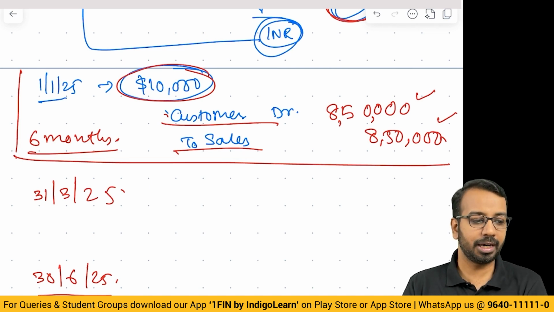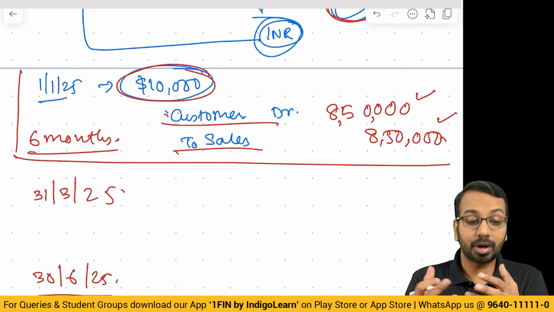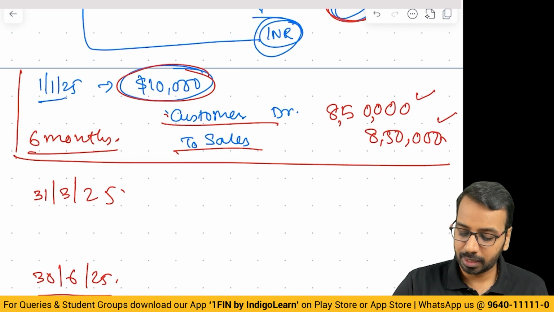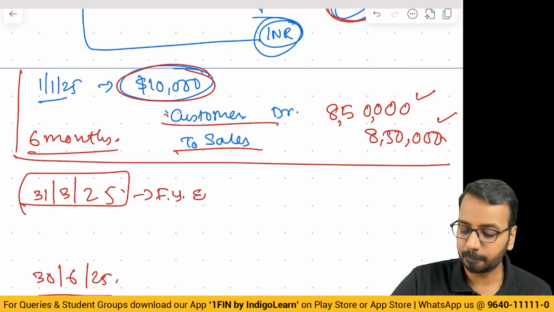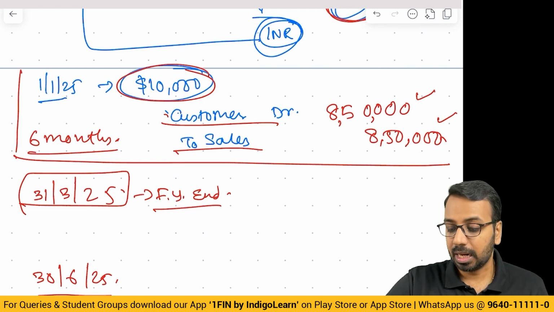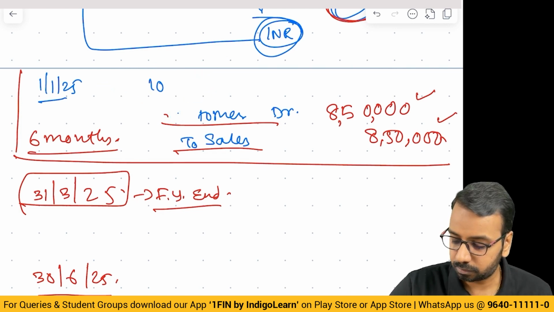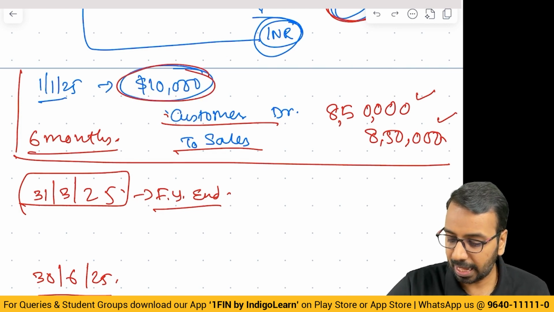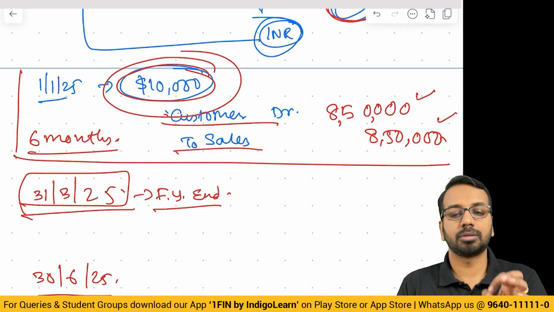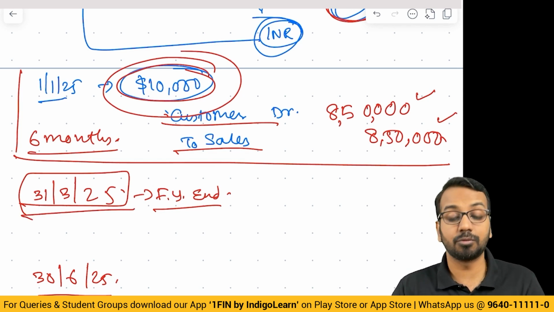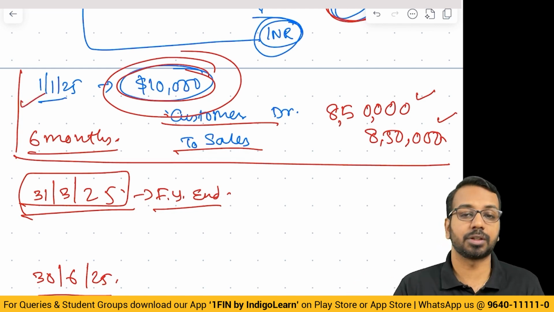When I say wonderful date, it means one of the most important dates that we talk about. 31st March of 25. This is my financial year end. Now I have to receive $10,000. On 31st March I don't know what is the value, and on 30th of June I don't know what is the value, as on 1st of January the rate was 85.